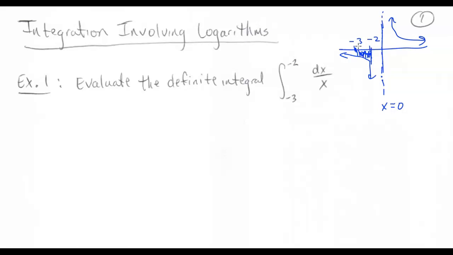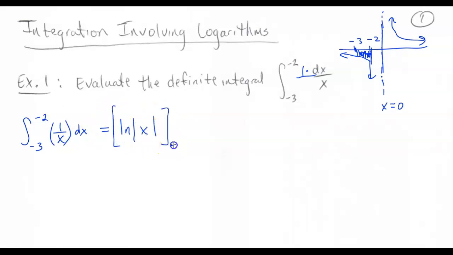So in doing that, the first thing that we realize is that the antiderivative of 1 over x dx is going to be the natural log of absolute value of x. So we'll go ahead and rewrite this: 1 over x dx, and the antiderivative of that is natural log of absolute value of x, and we will evaluate that from -3 to -2.